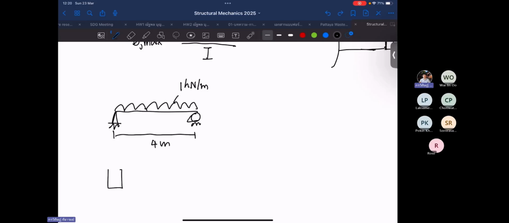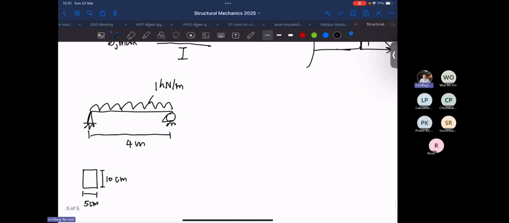So this section is a rectangle of, let's say, 5 centimeter by 10 centimeter.